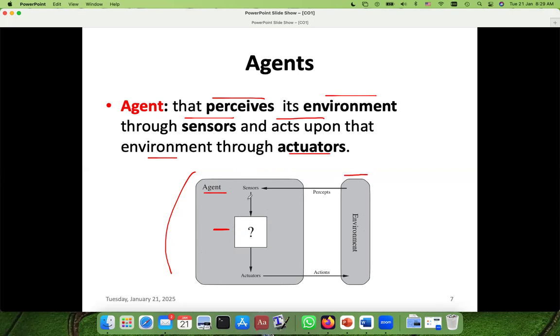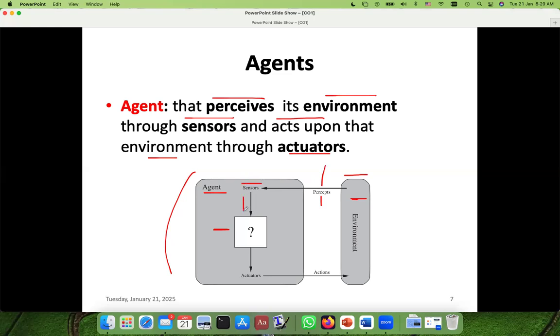Through this, the agent can percept, which means observe, read. So the agent can percept from the environment in which that agent is working. It can take input from the environment through sensors.